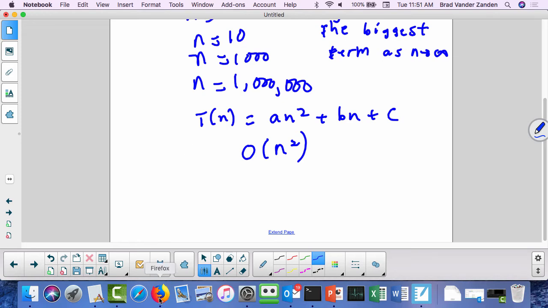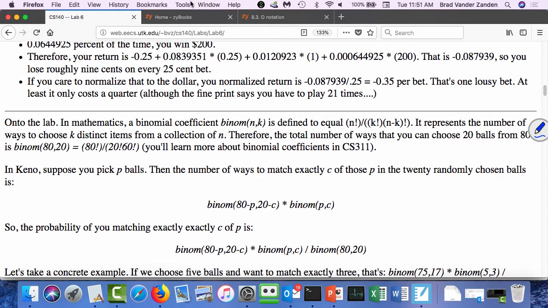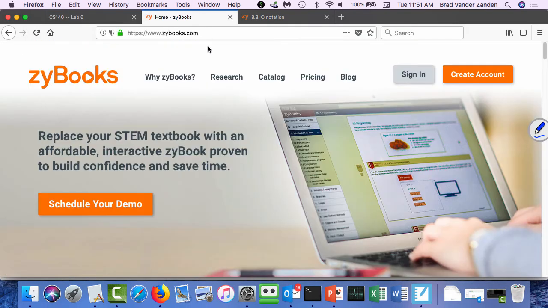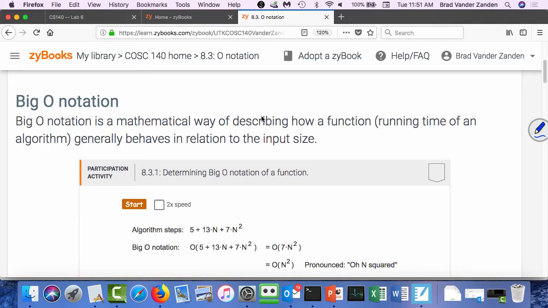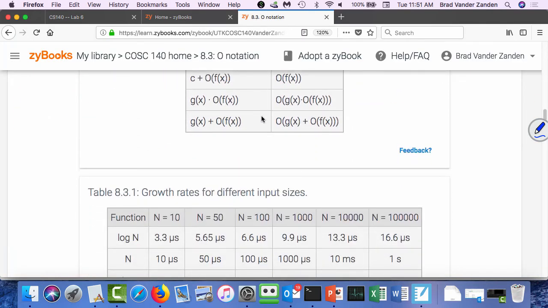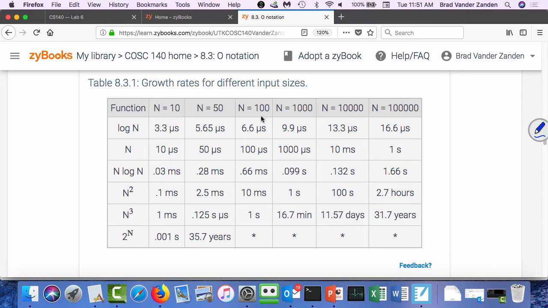And the book has some good stuff, but the big thing is looking at the running time. So actually constant time is the best. If something runs like an array access, where you can get to an element of an array in constant time, we say it's big O of 1, and that means constant time.